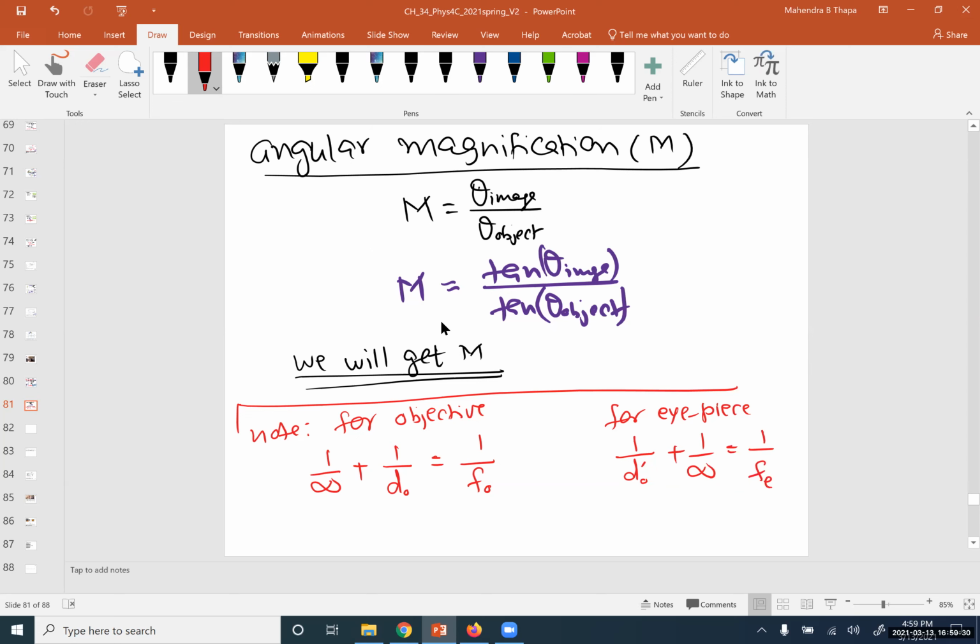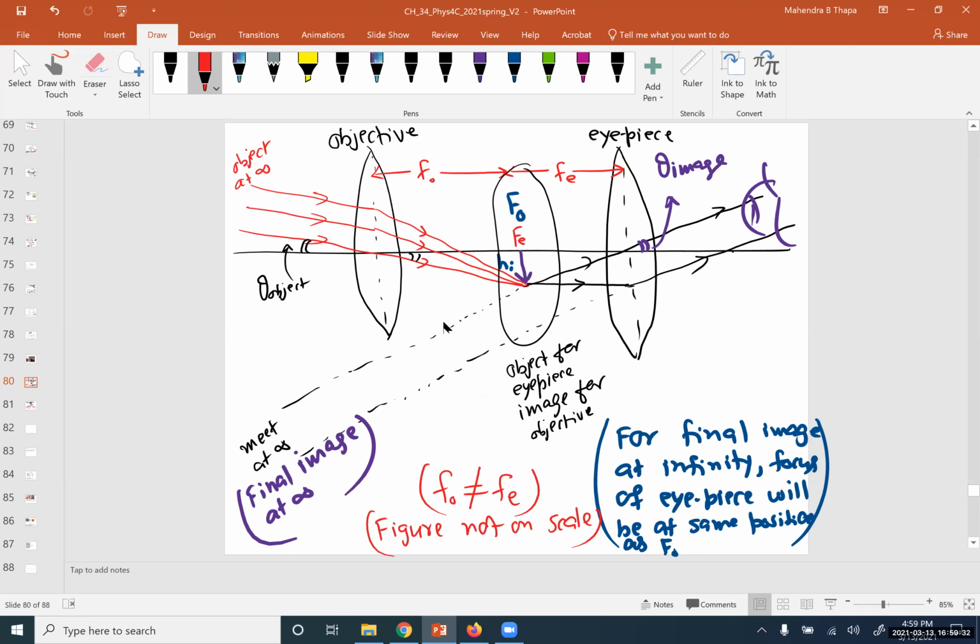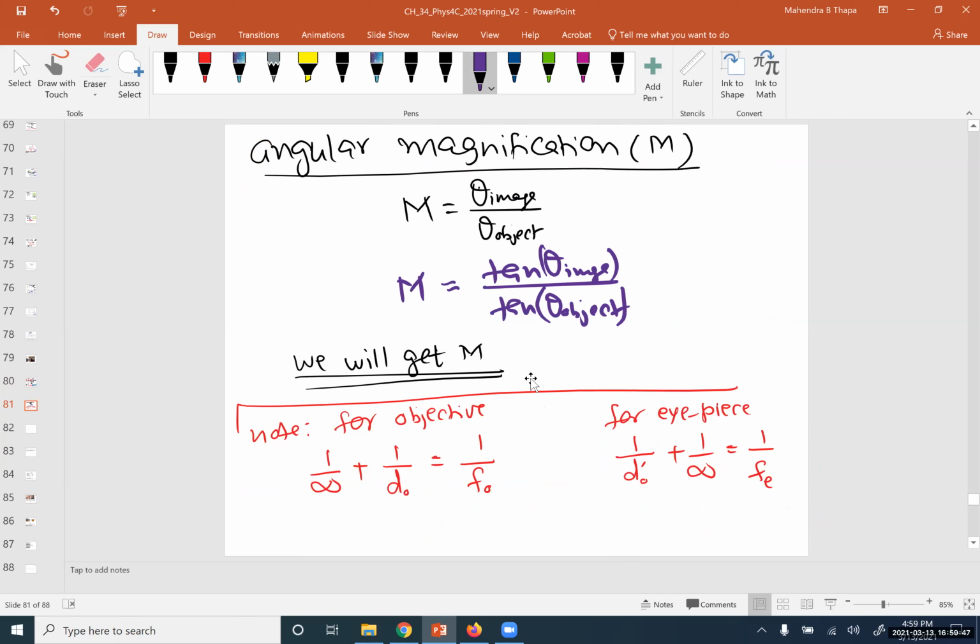So in this picture, we can say D naught. Clearly you can see here, this is D naught or DI, sorry, DI maybe. I generally use the I symbol for image position. This is the object, so D naught.